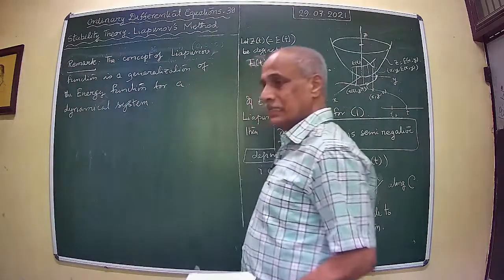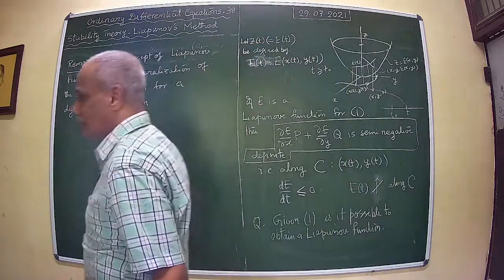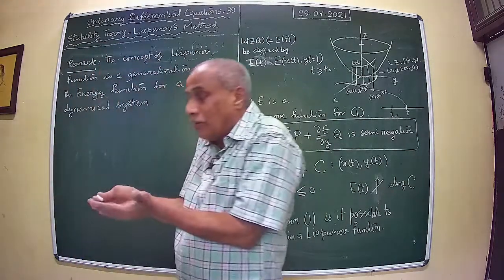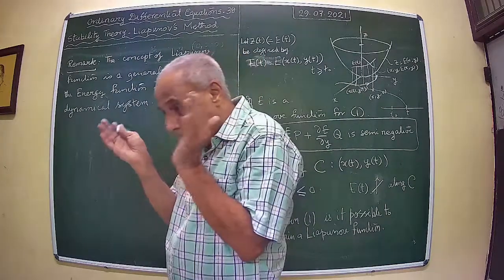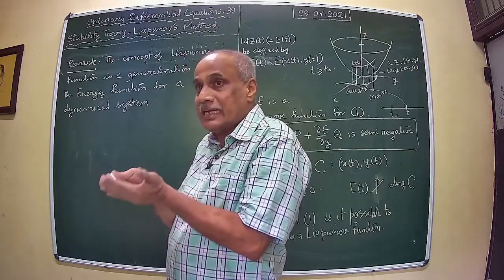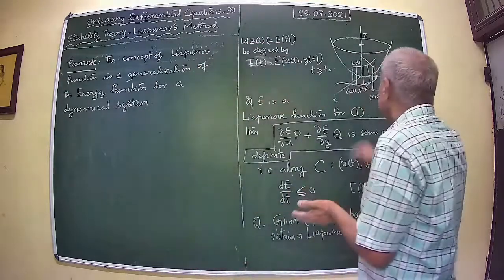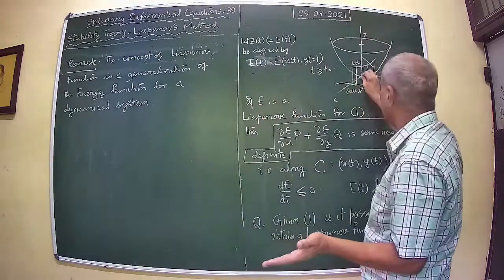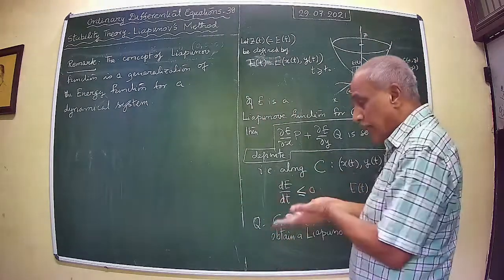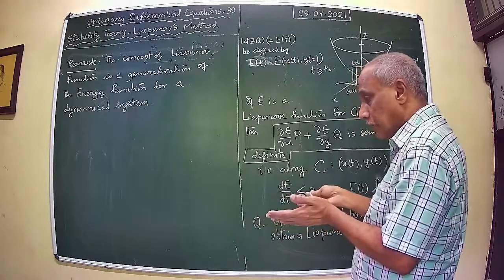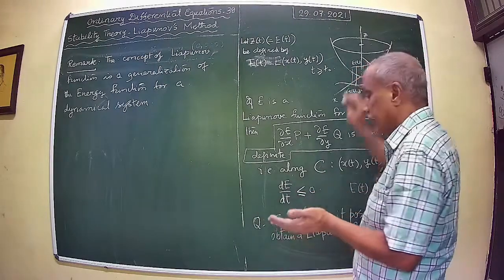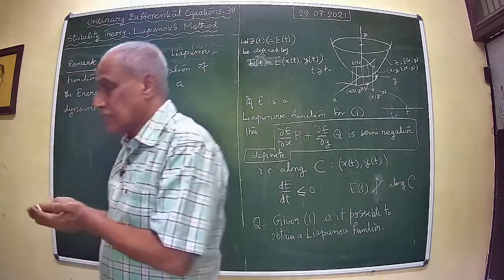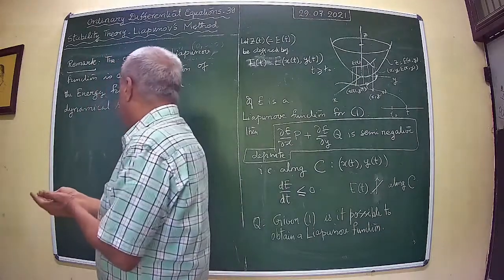Physicists infer that the equilibrium point is stable if the energy is minimum locally. In some neighborhood of that, the energy is minimum, which says the energy at the equilibrium point takes a minimum value.